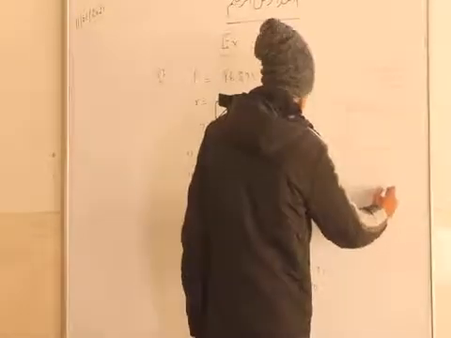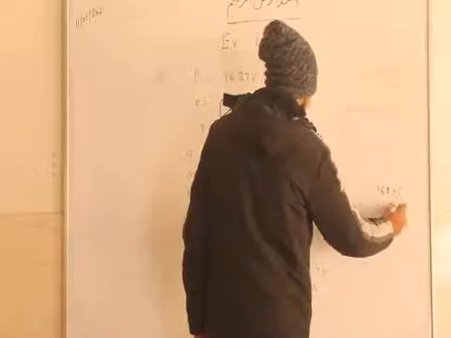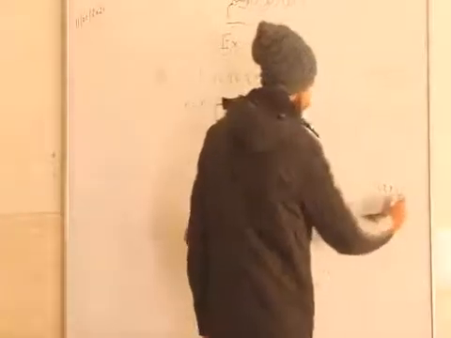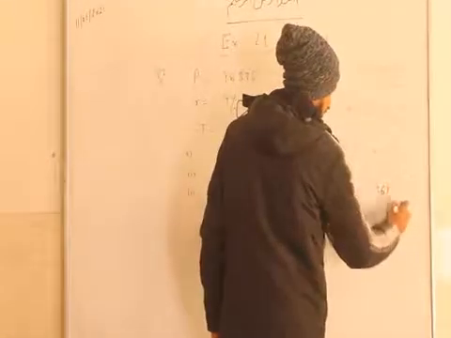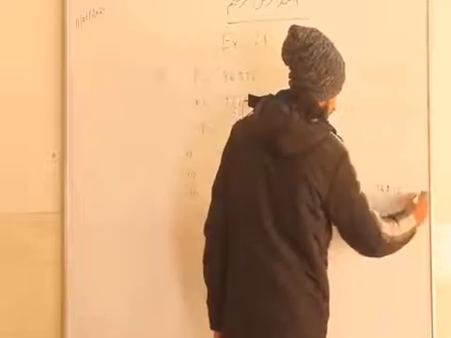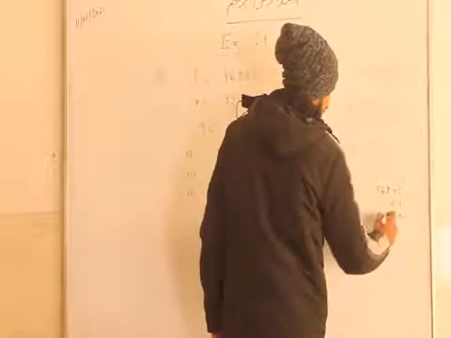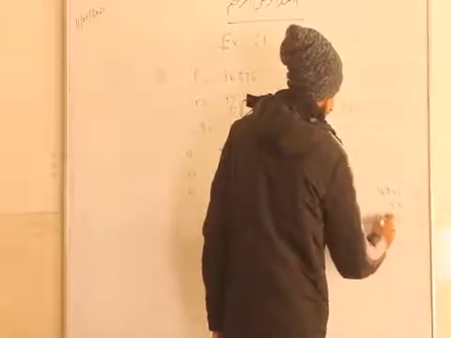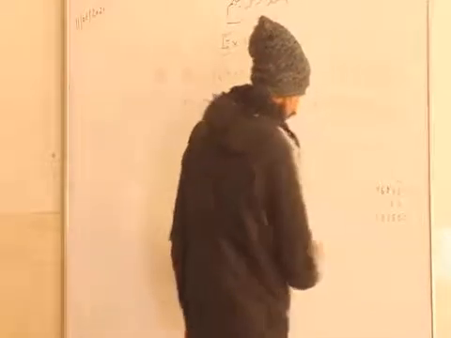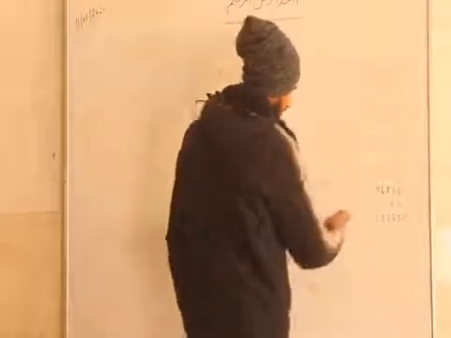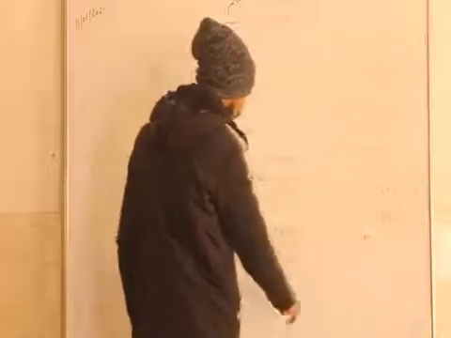46,875 into 4. So this will be the calculation when we are multiplying this by 4, and now upon 100.